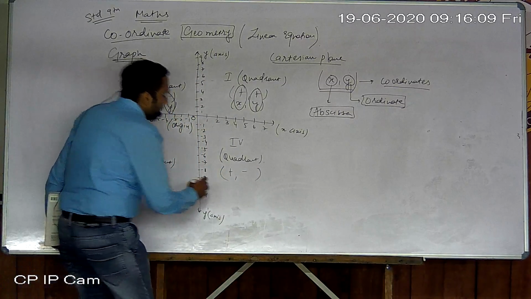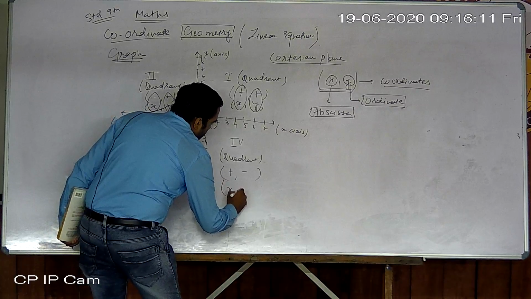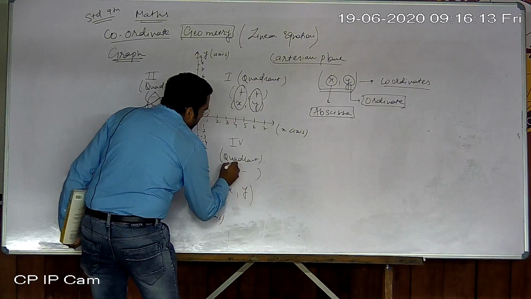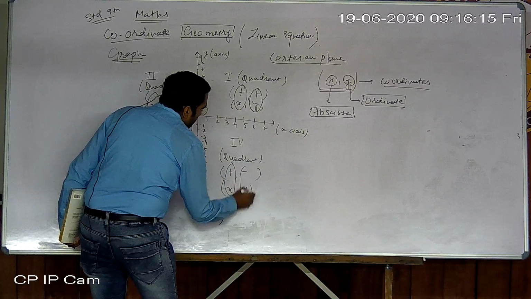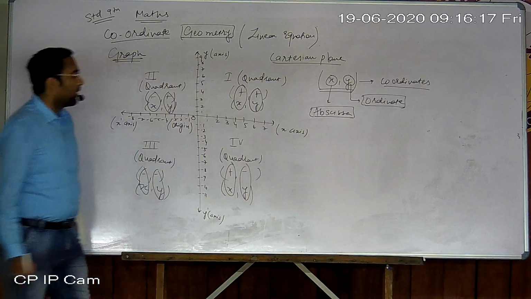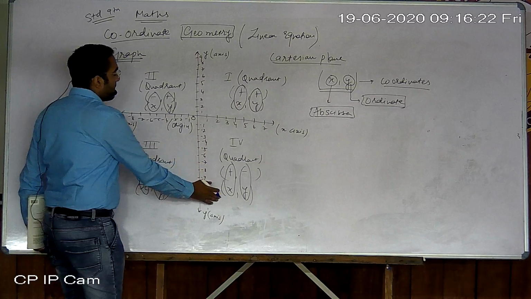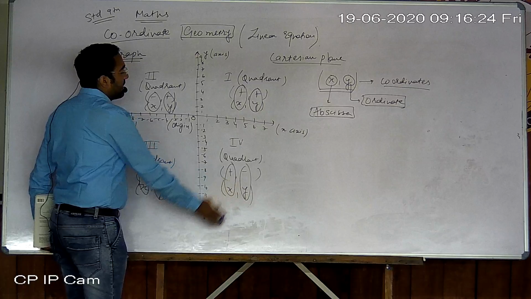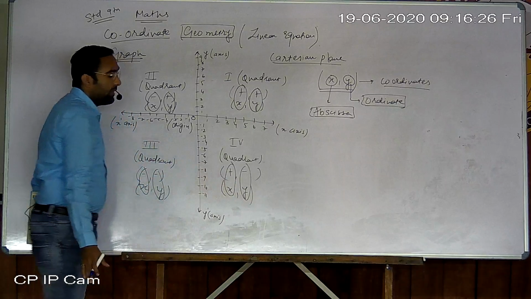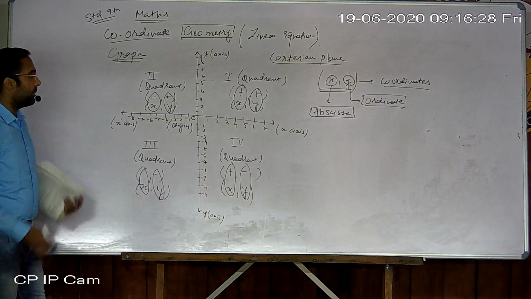That is, abscissa is plus and ordinate is minus. So if the value of x is positive and the value of y is negative, then we have to locate them in the fourth quadrant.